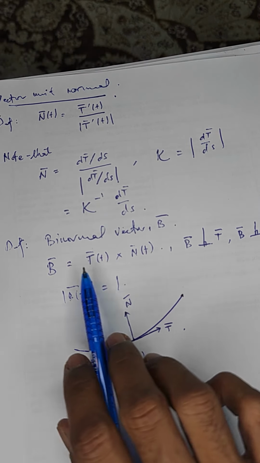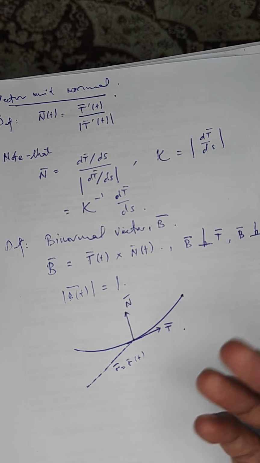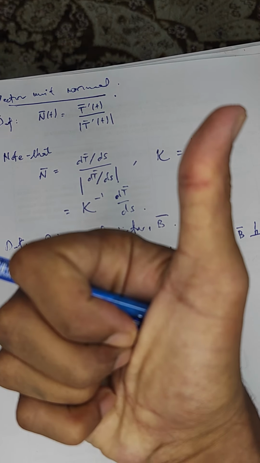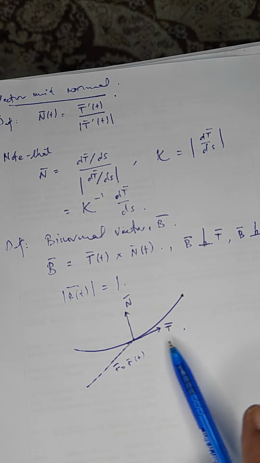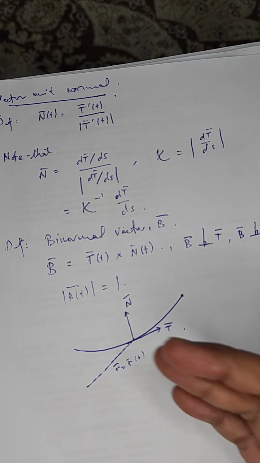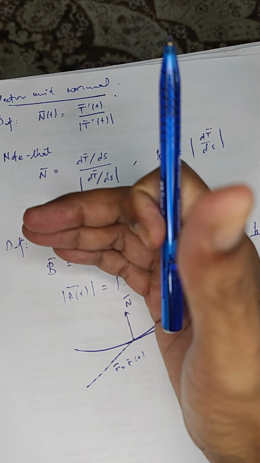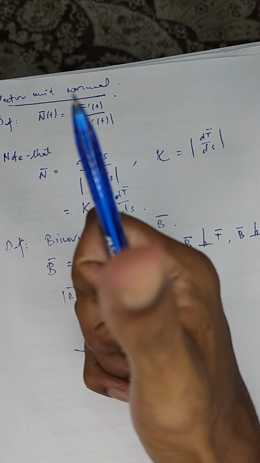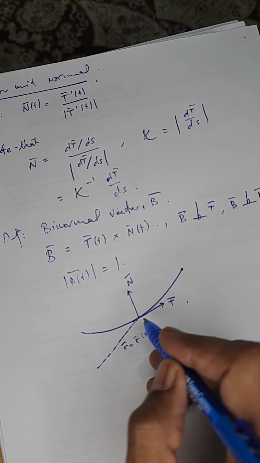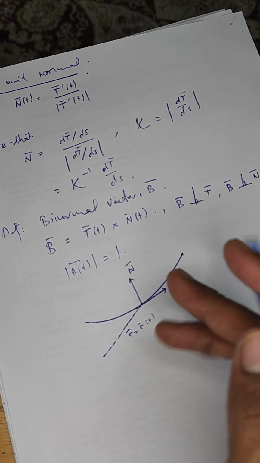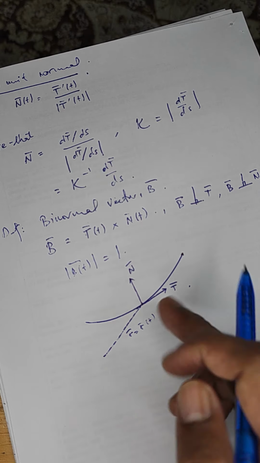Then from that definition, you can find what B is. You can use the right hand rule. So we have T, N, and it goes up. T, N, that's it. So in which direction is this? T. Okay.